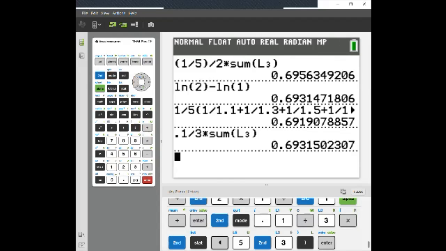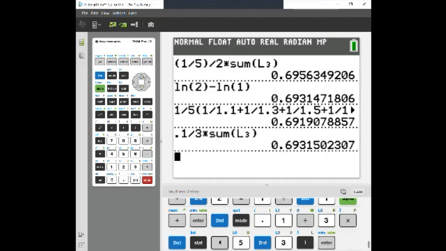So here's the actual, and here's my Simpson's rule approximation. So a little bit more accurate than, okay, a lot more accurate than the other ones. 0.693, as opposed to the other approximations.